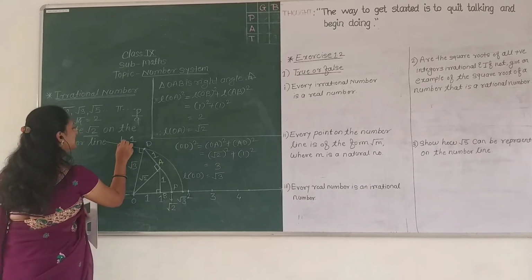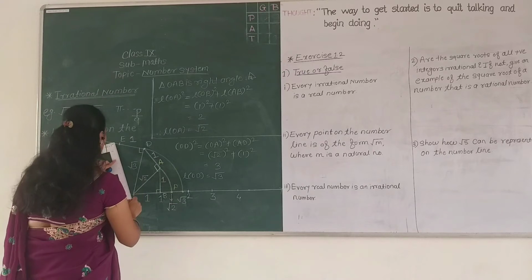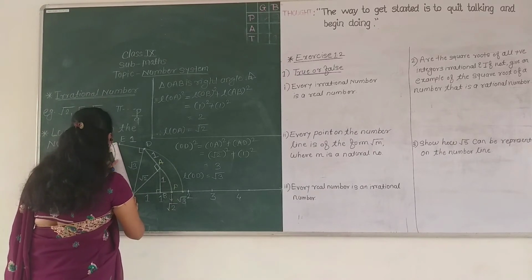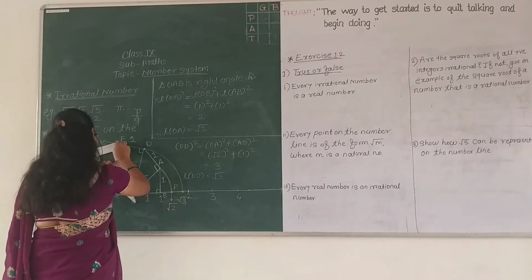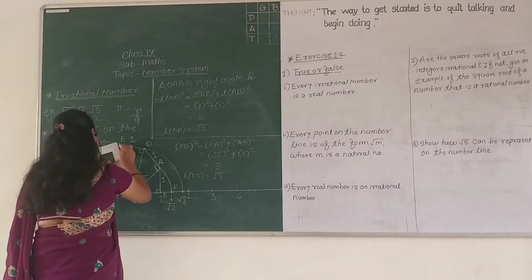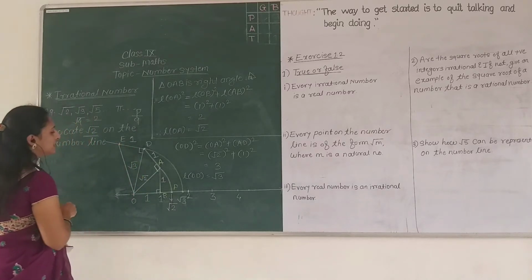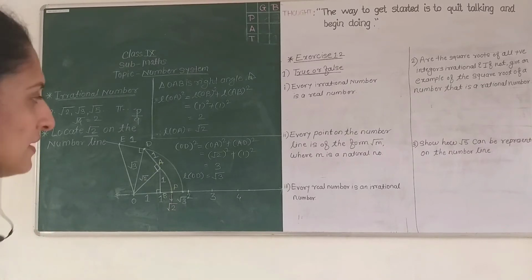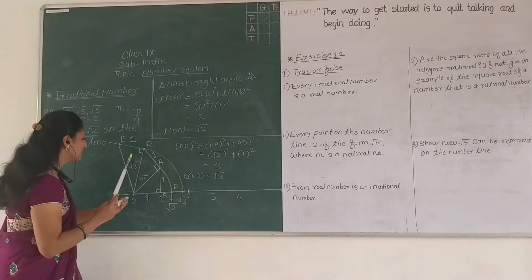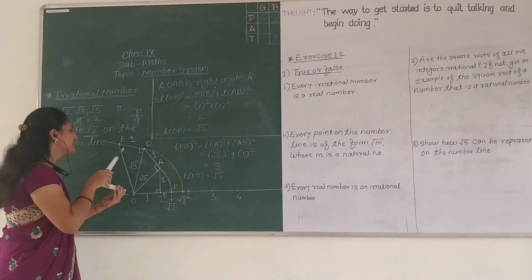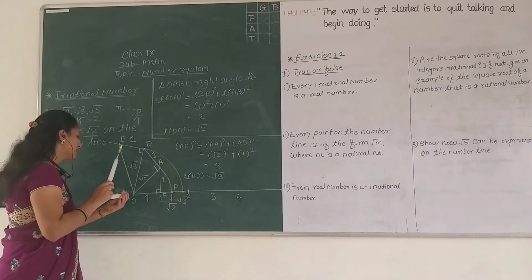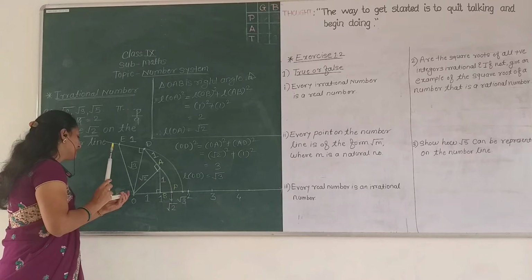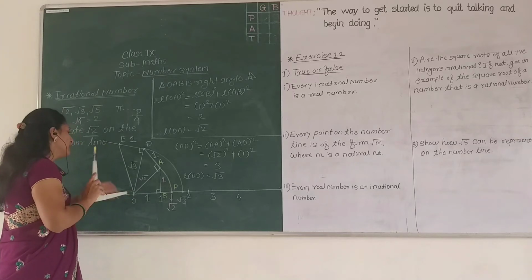Call this point E and join the point OE. Then by using the compass, take the radius OE.